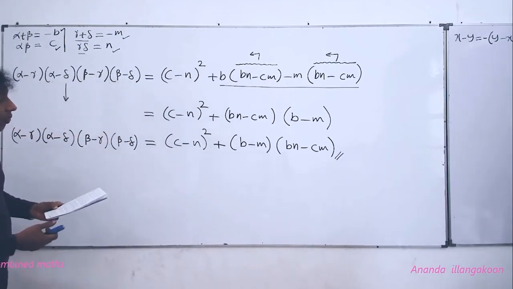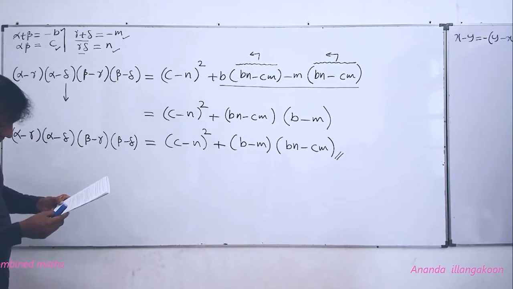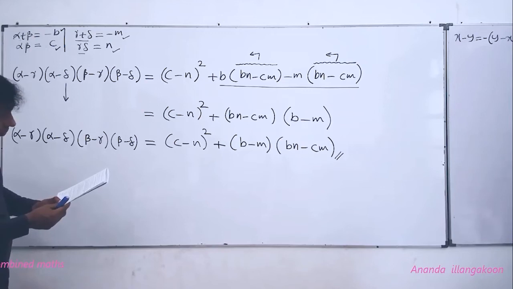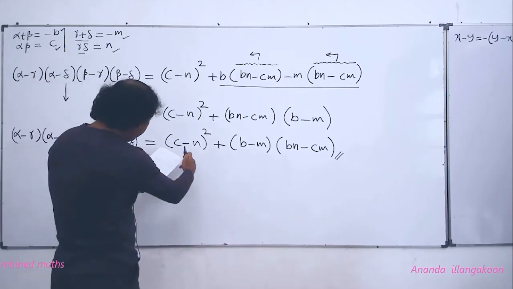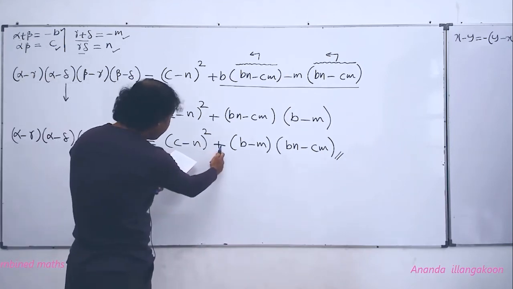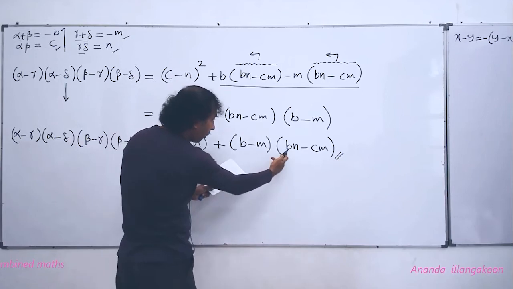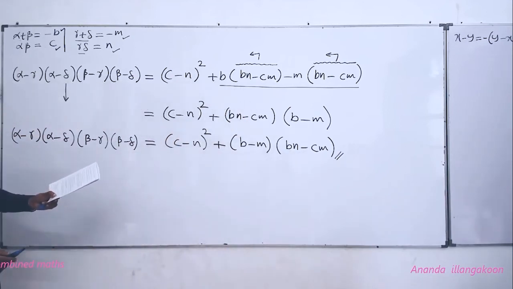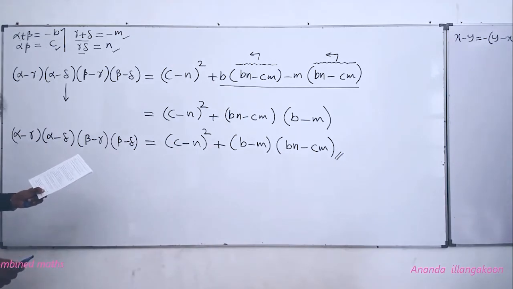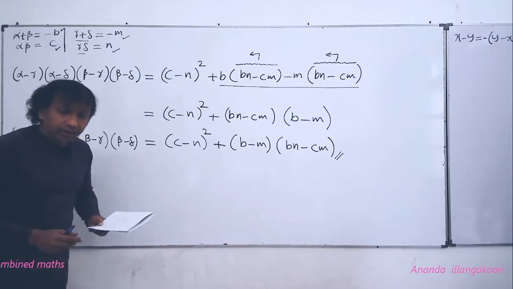People, I have made a mistake. bn minus cm, b minus m, bn minus cm. People, I have got the answer, no, correctly? C minus n perfect squared plus b minus m, bn minus cm. All right, correct. bn minus cm, yeah. b minus m, correct. This is correct. Somebody asked. Yeah, this is correct.